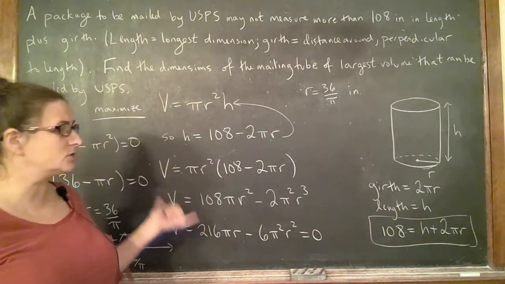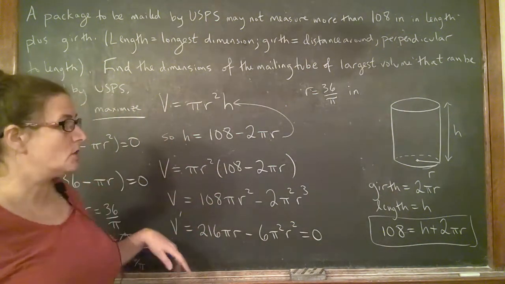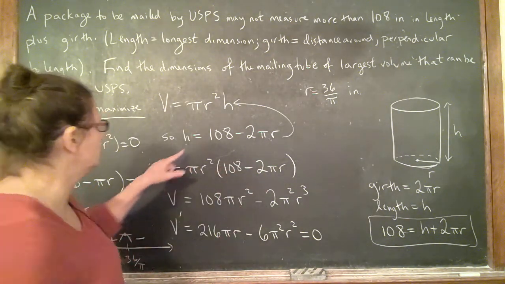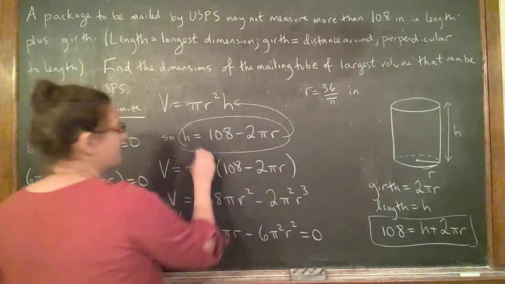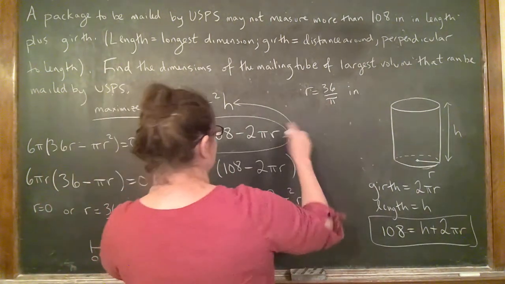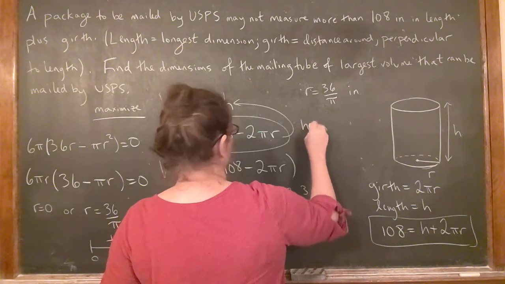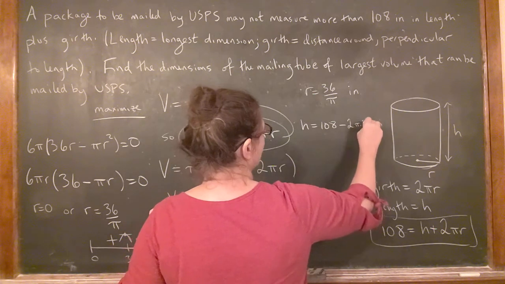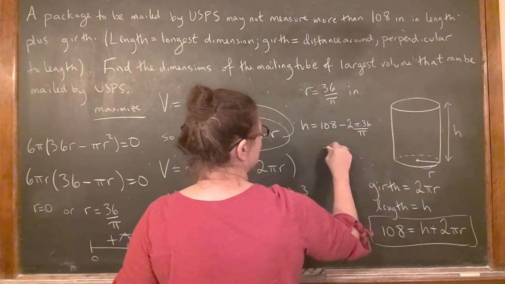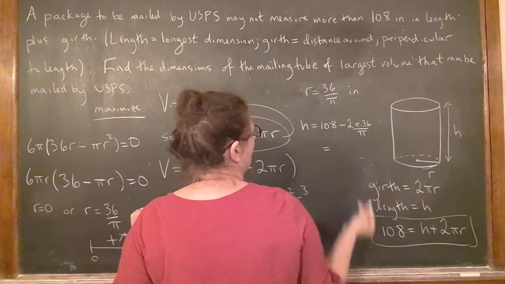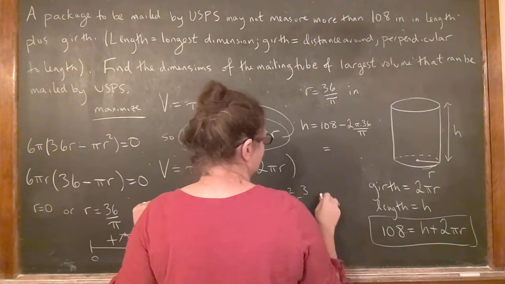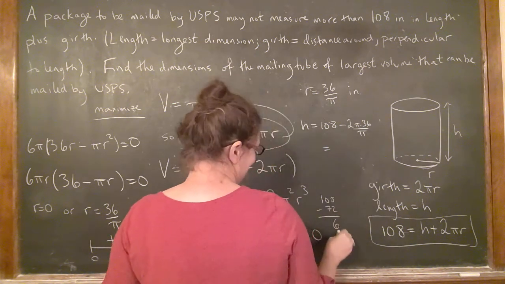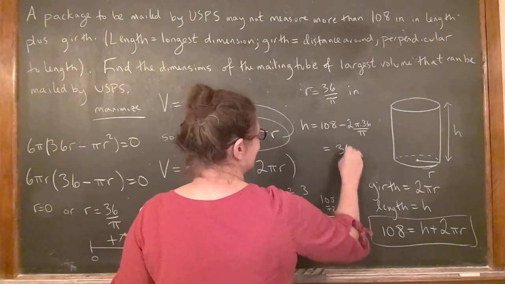It asks you for both dimensions, so I know r, and I can find h by plugging into the constraint. h equals 108 minus 2 pi times 36 over pi. So 108 minus 72 is 36. 36 inches.